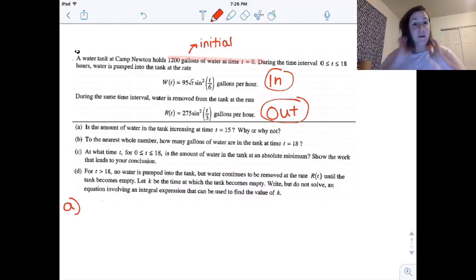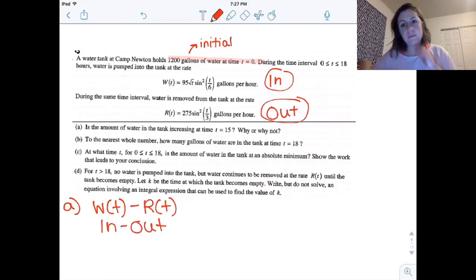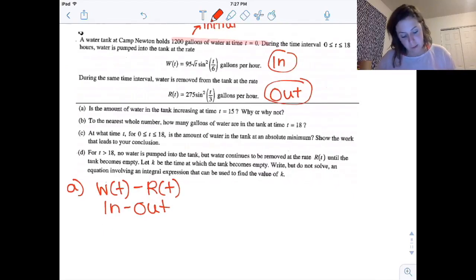The rate coming in is W of t, the rate going out is R of t, and I'm going to subtract those, in minus out. I want to know at 15, so W of 15 minus R of 15.